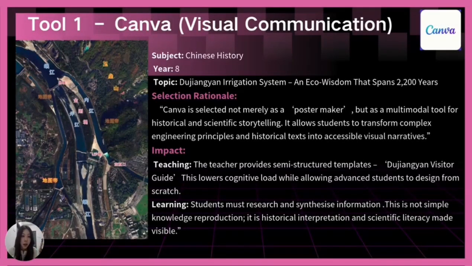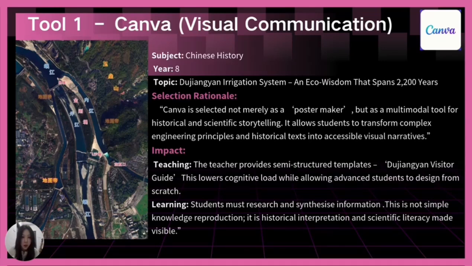The first tool I chose is Canva, for visual communication. The subject is Chinese history and students are Year 8. The topic is the Dujiangyan irrigation system, an ecosystem that spans 2,200 years.